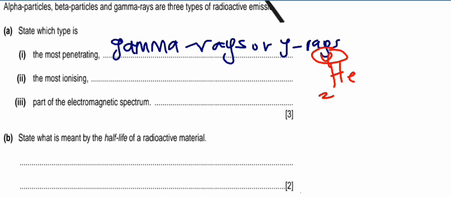Suppose element Y is undergoing alpha radiation or decay. You are going to find that what is produced here is a daughter cell.